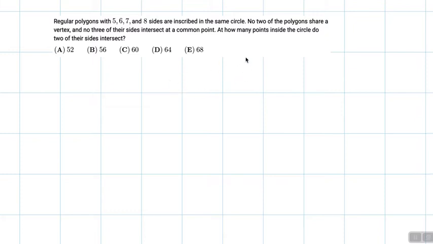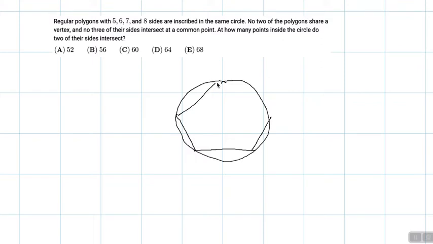I want to first start looking at a regular hexagon and a regular pentagon inscribed in a circle, so the 5 and 6 sided. And drawings may not be the best, but so this will be the pentagon. And then the hexagon.